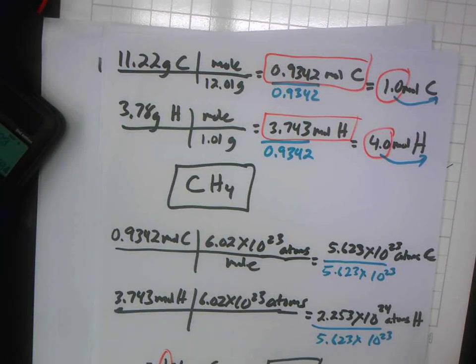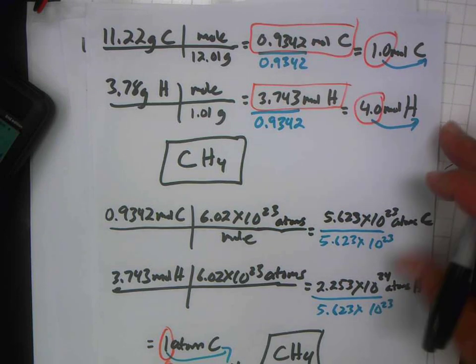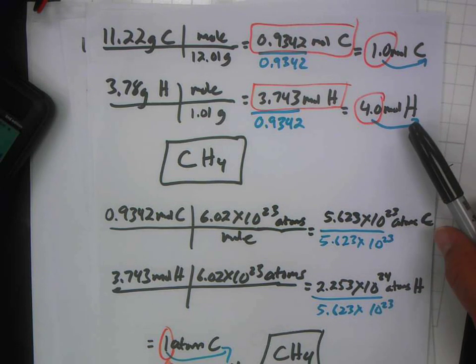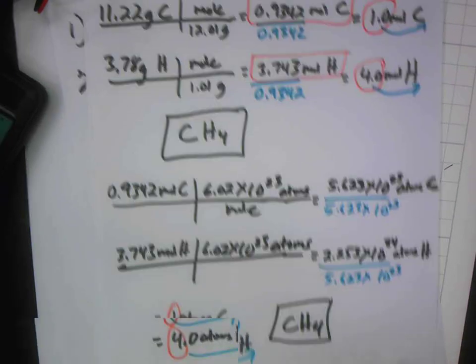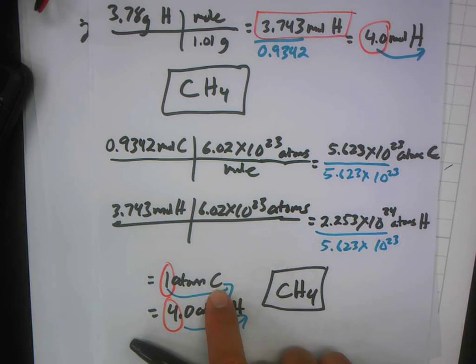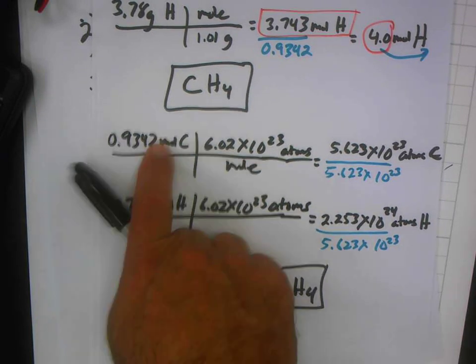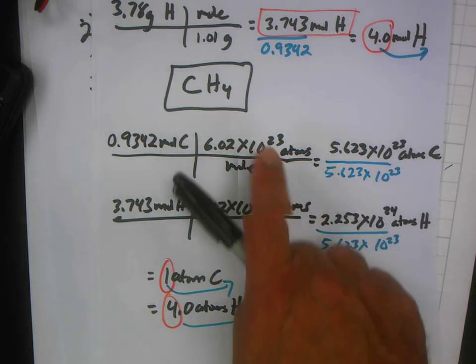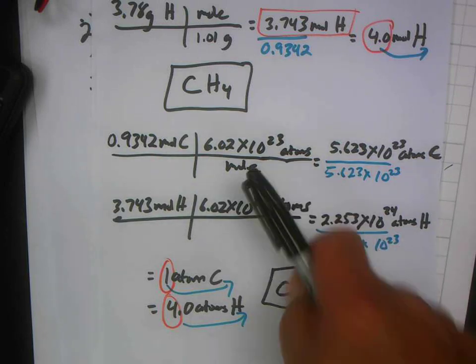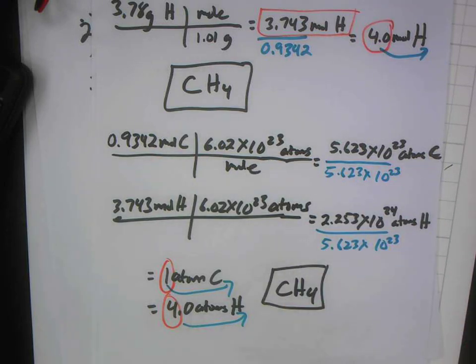So the atom ratios and the mole ratios are the same. There's 1 to 4 up there, 1 mole of carbon for every 4 moles of hydrogen, and it's the same thing here, 1 atom of carbon for every 4 atoms of hydrogen. The reason is that we had moles of both, and to turn them into atoms, we multiplied by the same number. So it doesn't change our ratio of one to the other.